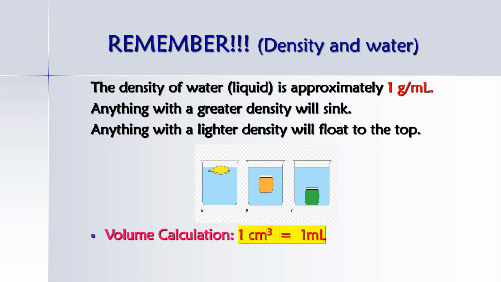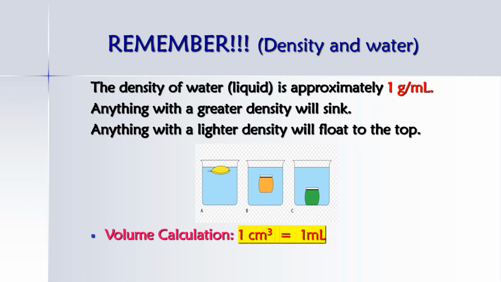So just one quick thing: when you are doing your volume calculations, sometimes we are talking about a liquid, but they give you the volume in centimeters cubed. Do not worry about that, because the conversion factor is that 1 centimeter cubed is equal to 1 milliliter.